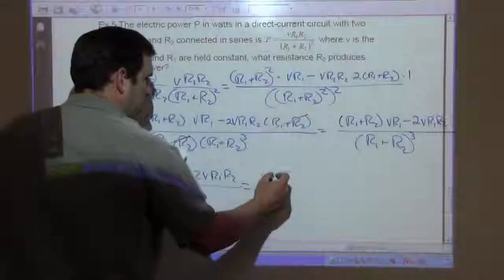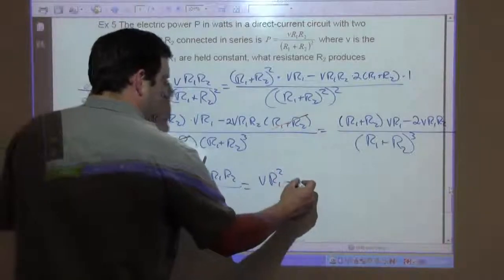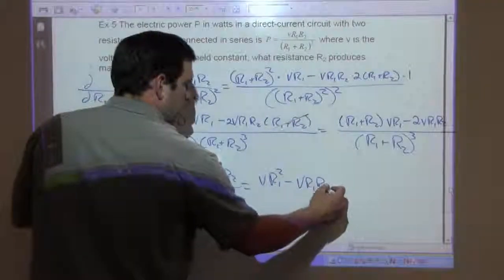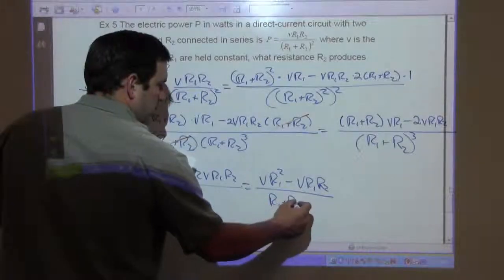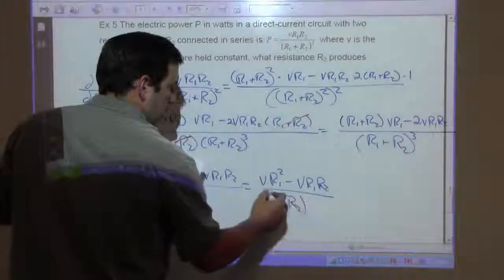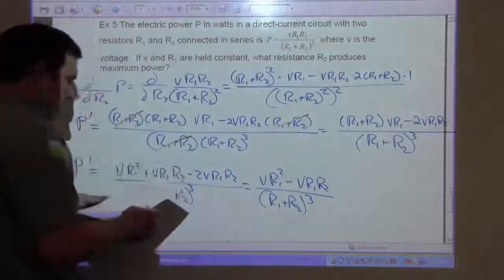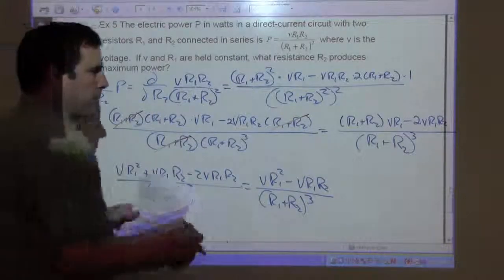That's going to be V R1 squared minus V R1 R2 over R1 plus R2 cubed. So set the numerator equal to 0.